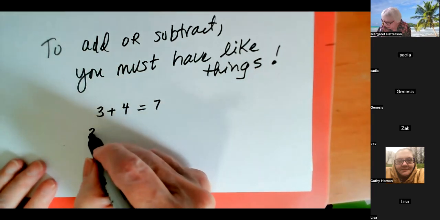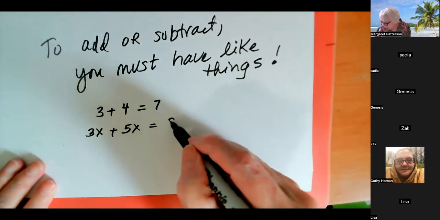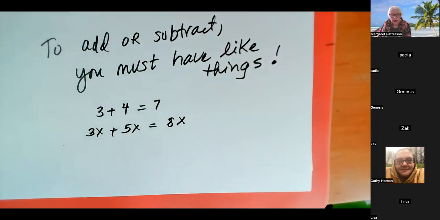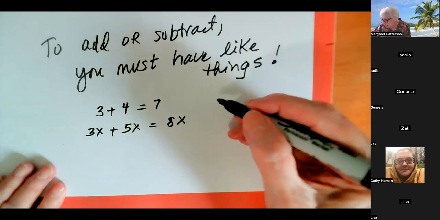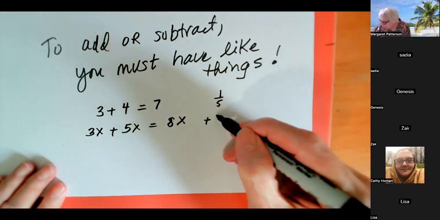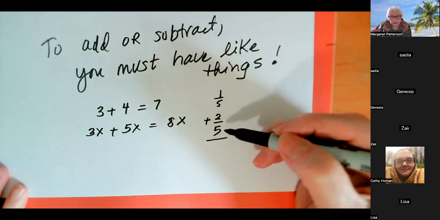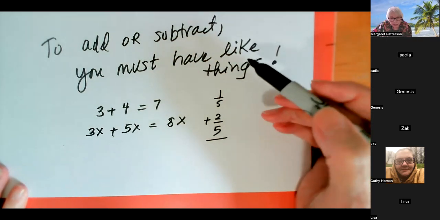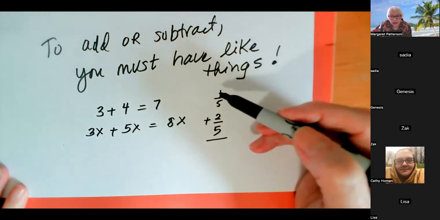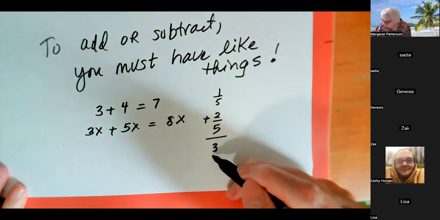I could add 3x to 5x and get 8x. And all that fraction stuff that we did also applies to this rule. If I had 1/5 and 2/5, the common denominator makes it fit this rule, and now we're allowed to add it. And so 1 and 2 make 3.